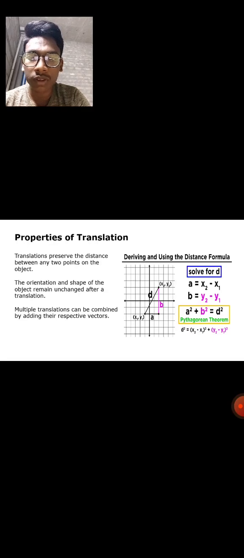Properties of translation. Translation preserves the distance between any two points on the object. The orientation and shape of the object remain unchanged after translation. Multiple translations can be combined by adding their respective vectors.